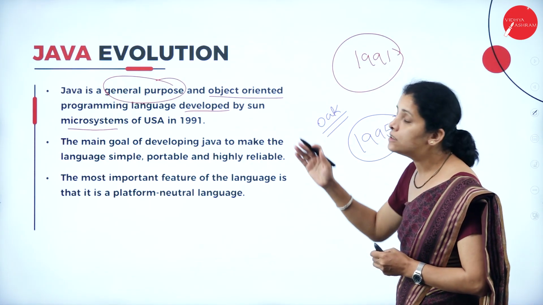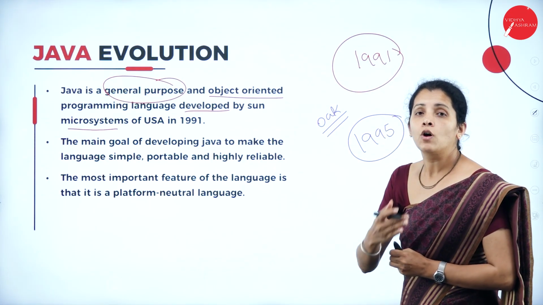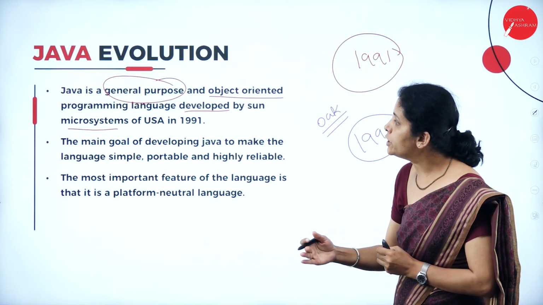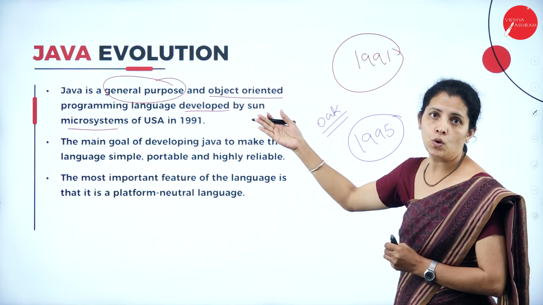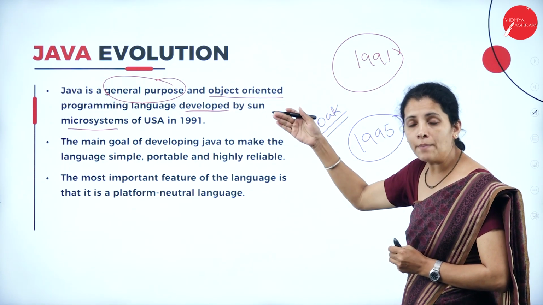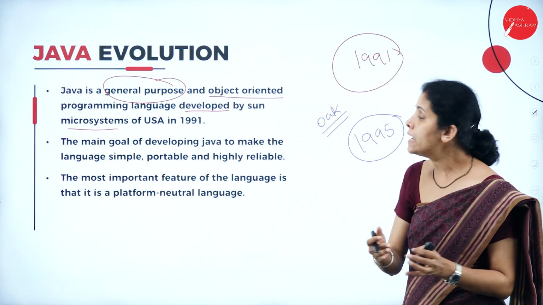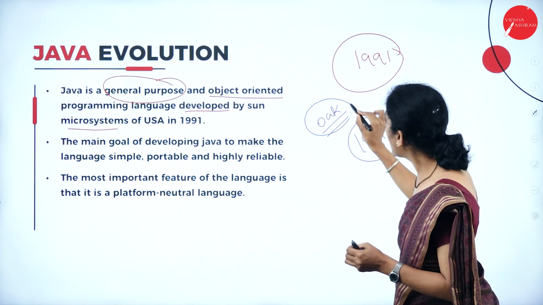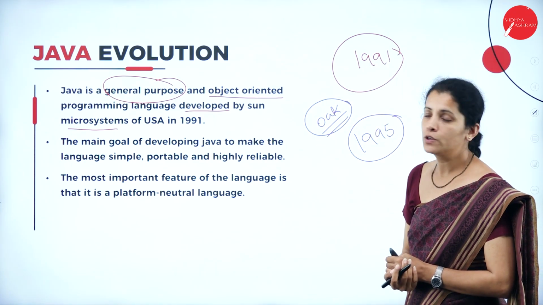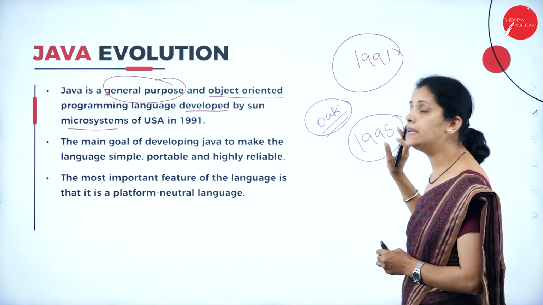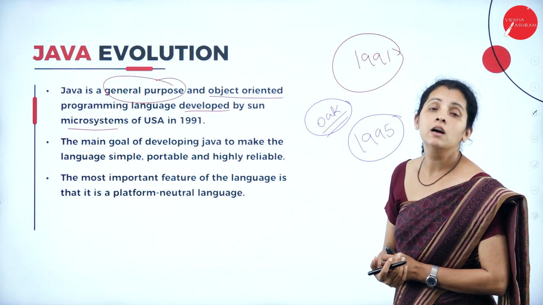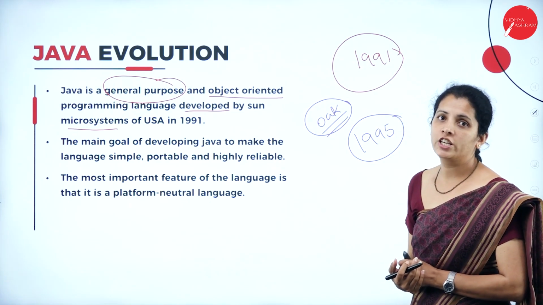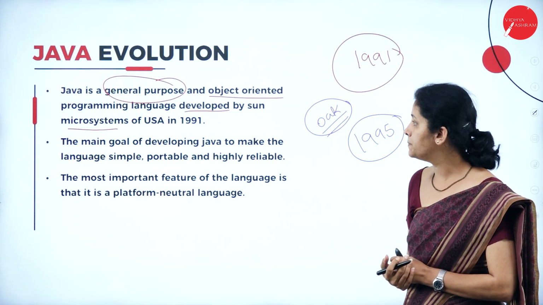1995, the Oracle Corporation incorporated the Java program. At that time, they renamed this OAK as Java. So in the year 1995, the actual Java programming language came into the picture.